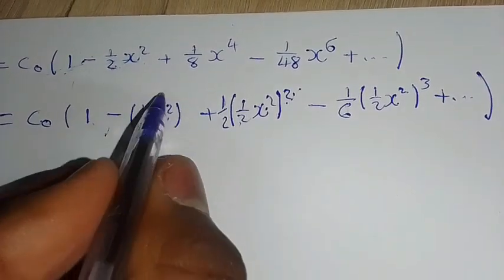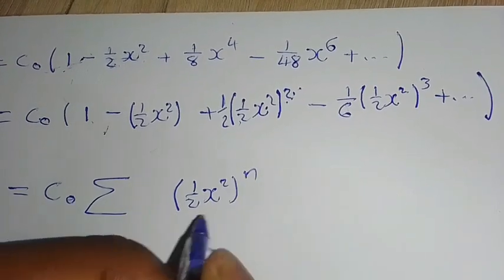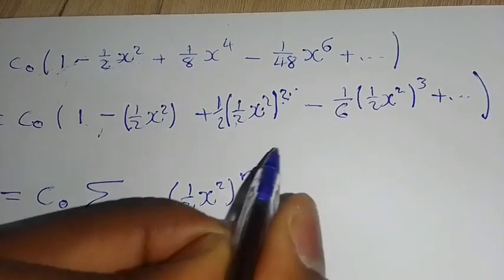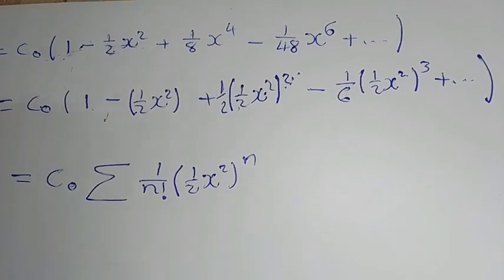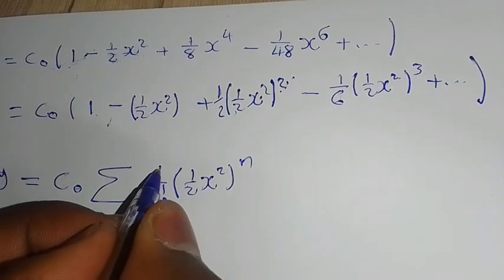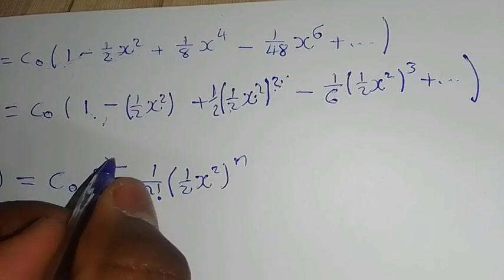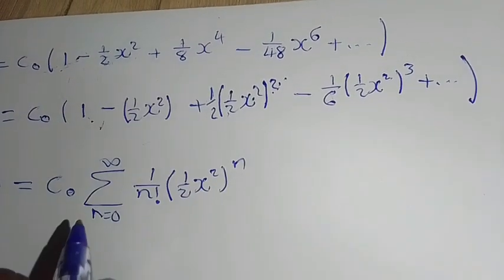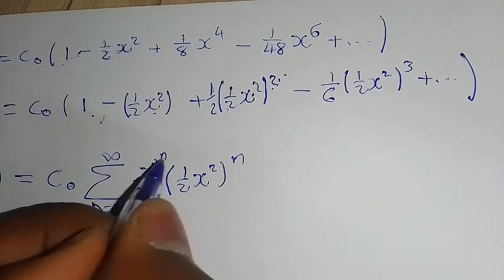Instead of having x to the n, we have a half x squared raised to n. And then we just have a 1 over n factorial of that. And notice that we also have positive for the first term. Remember starting at 0. Positive for the first term and negative for the second term. This is where n equals 1 is negative, so we can have minus 1 to the power of n, something like that.